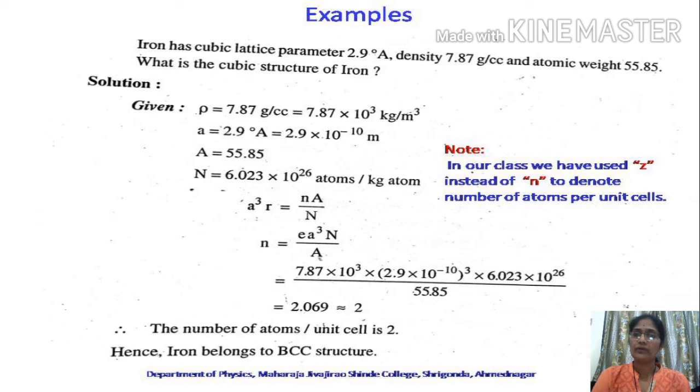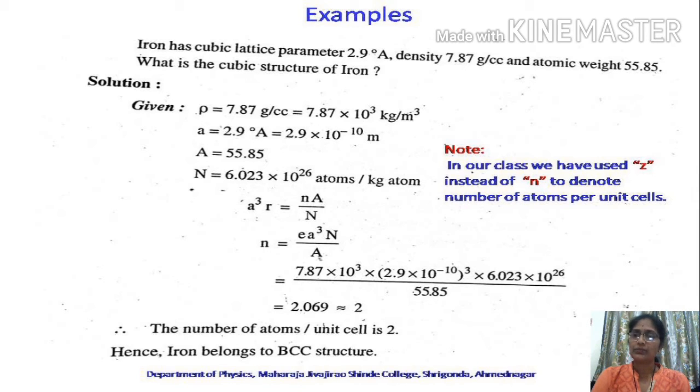Then we have covered the formula related to density also, and it is given by rho is equal to Zm upon N into a cube, where rho is the density of crystal or density of unit cell. Z is nothing but number of atoms per unit cell.